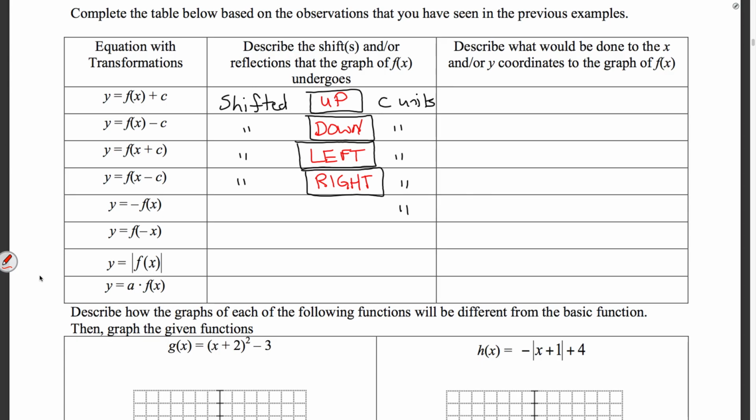Now, describe what would be done to the x and or y coordinates of the graph of f of x, right? So I'll show you how the first one's going to look. We're going to say, listen, x, comma, y becomes something different.